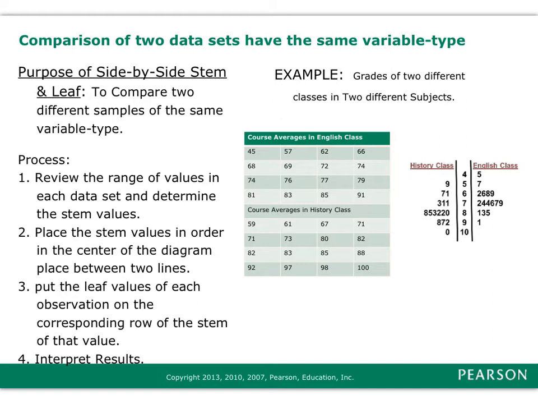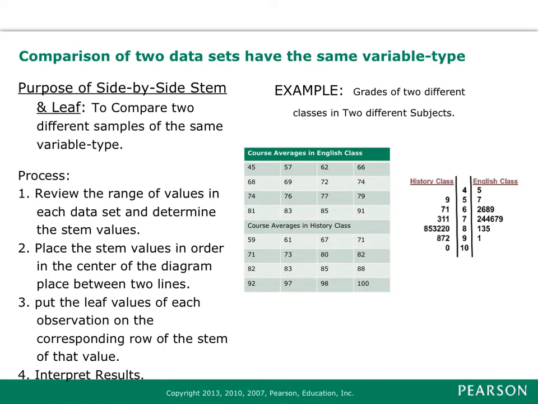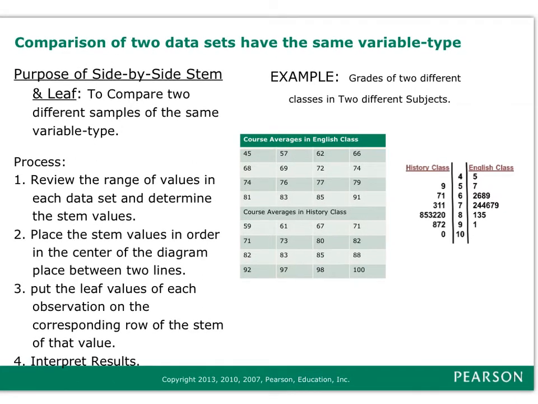In our example, we have two different classes. We have an English class and a history class. And you can see we have put in the values for the history class. They start out at 59 as the minimum value and 100 as the maximum value. And for the English class, we started out at 45 and ended up at 91.